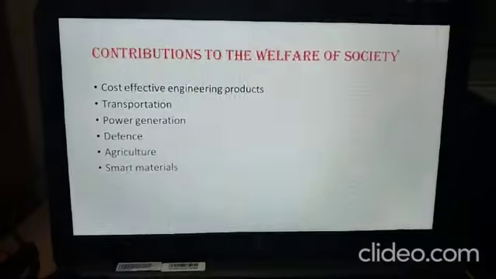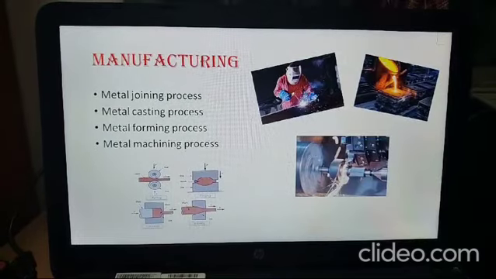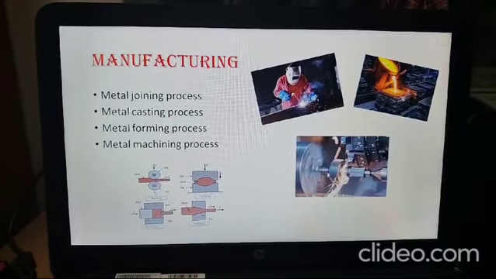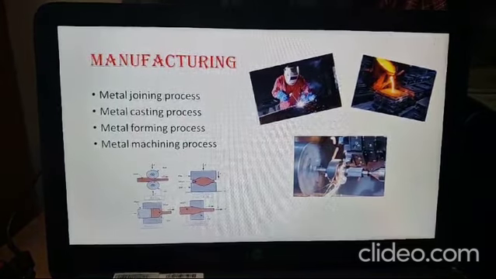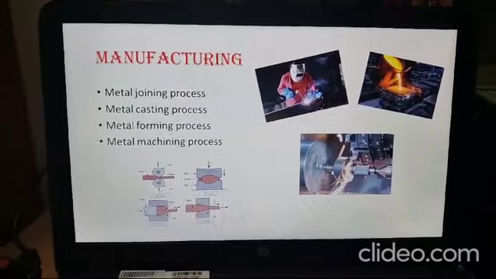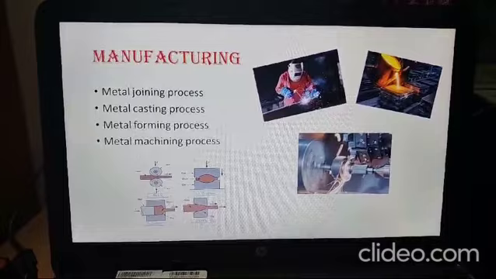All these are contributions of mechanical engineering for the welfare of society. So already I told you various processes, mechanical has a lot of disciplines like manufacturing engineering, design engineering, thermal engineering, energy engineering.